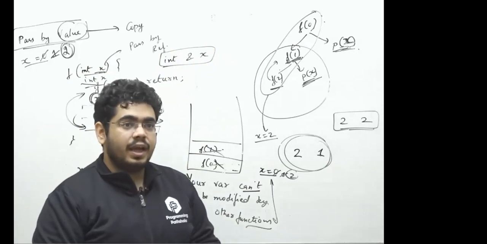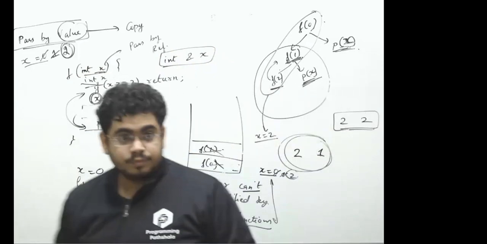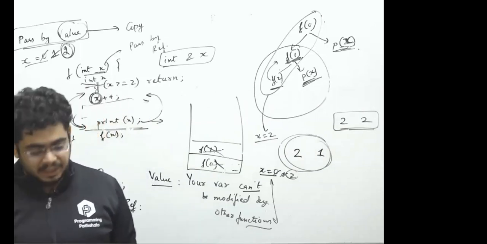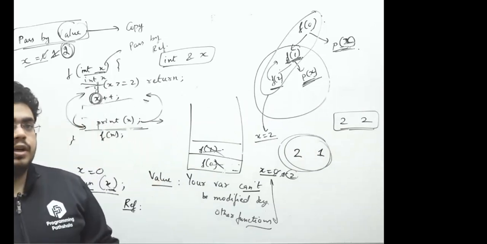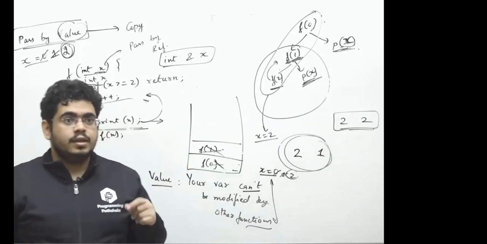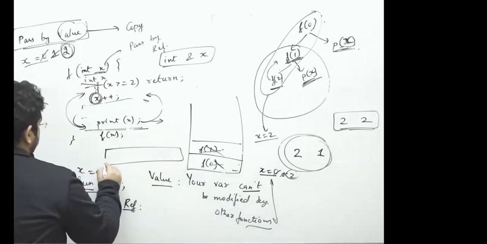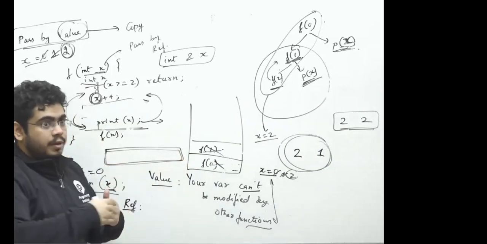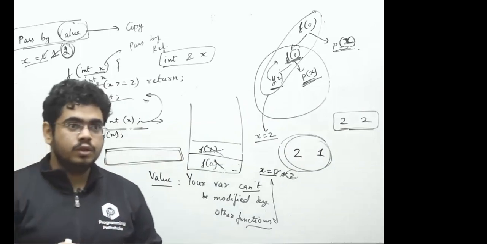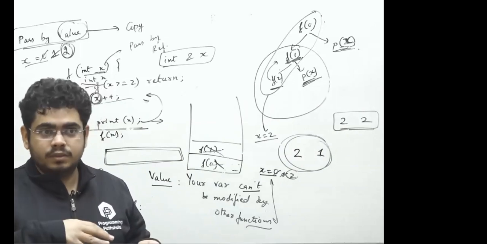So do you guys see any downsides of pass by value? Any downsides you see of pass by value? Space, right? Multiple copies. Great. So right now you were having only a variable that you were passing, right? But let's say it's a huge list. If this is a huge list that you are passing by value through different functions, each of them will make their own copy, right?